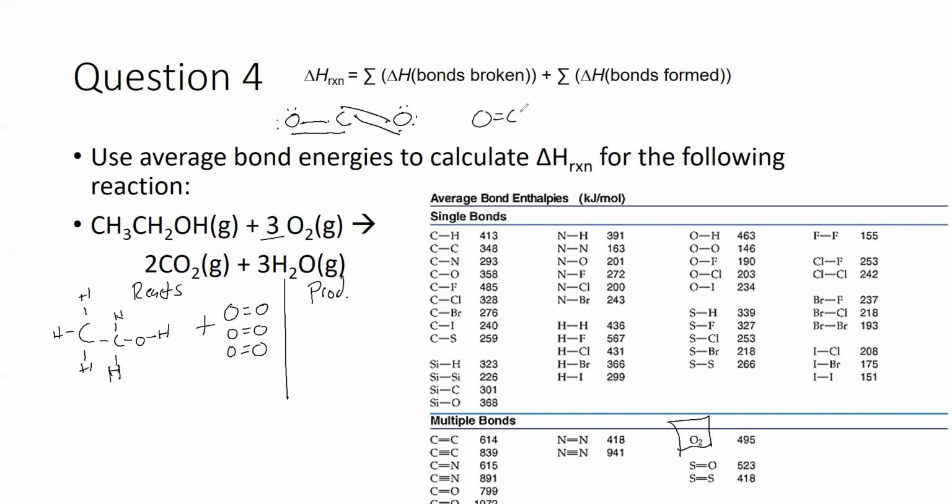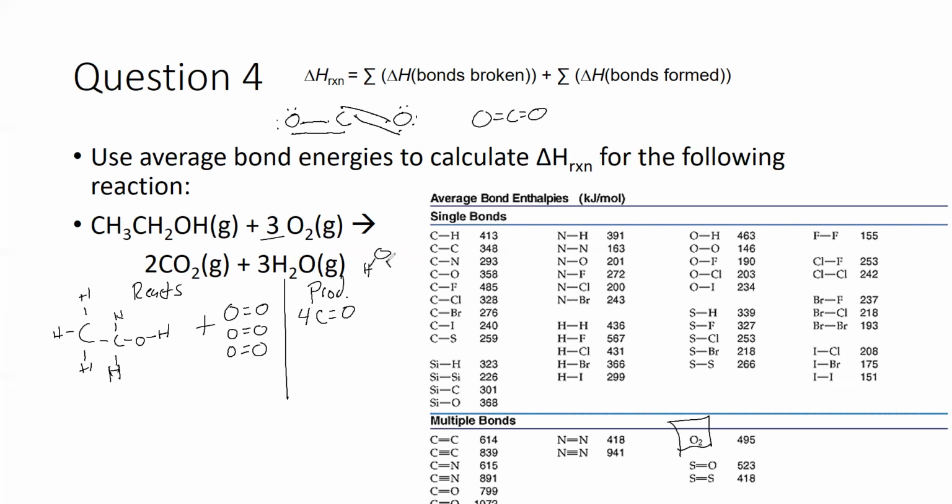I'm going to draw a nicer one. So that's carbon dioxide. Double bond between each carbon and oxygen. So I have 4 carbon oxygen double bonds because each molecule has 2, and I have 2 copies of that molecule.